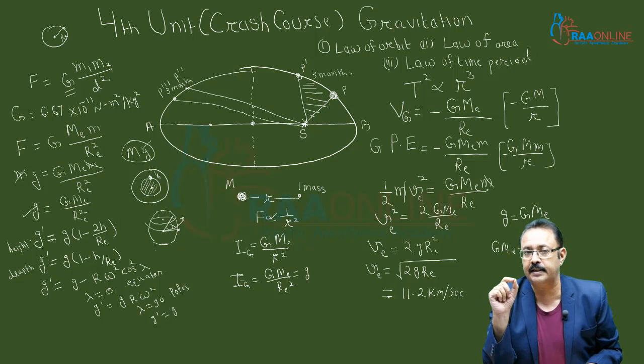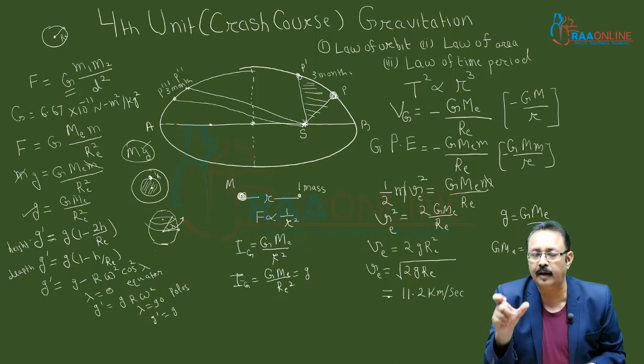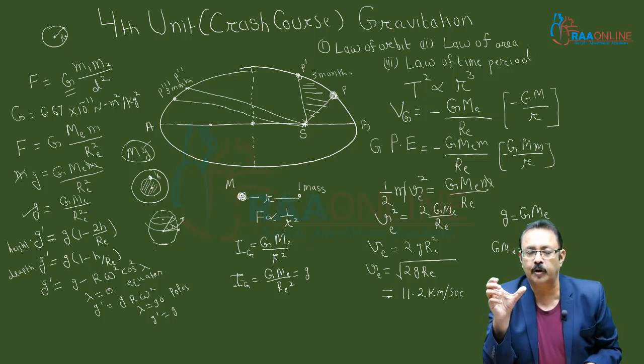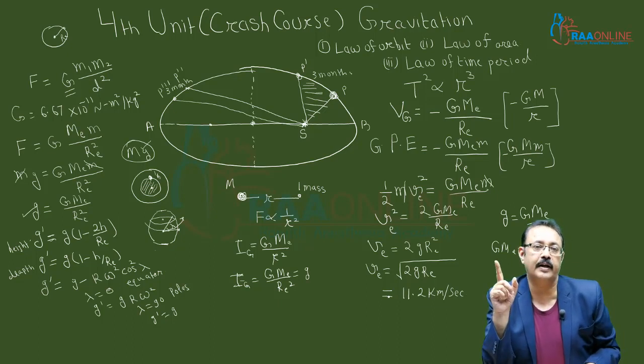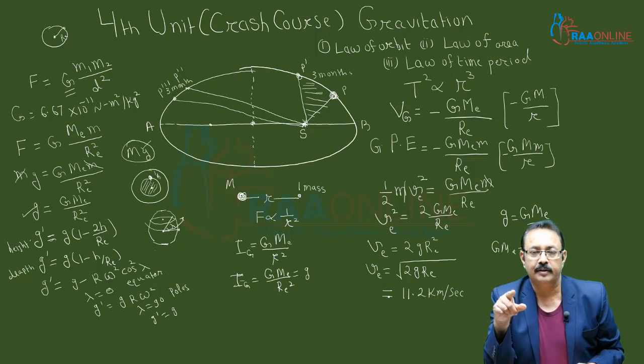Since the gases have their root mean square speed less than this, therefore on Earth's surface there is atmosphere. But on the Moon, the escape velocity value is less, and gases have their RMS value greater than that. That's why there is no atmosphere on the Moon.